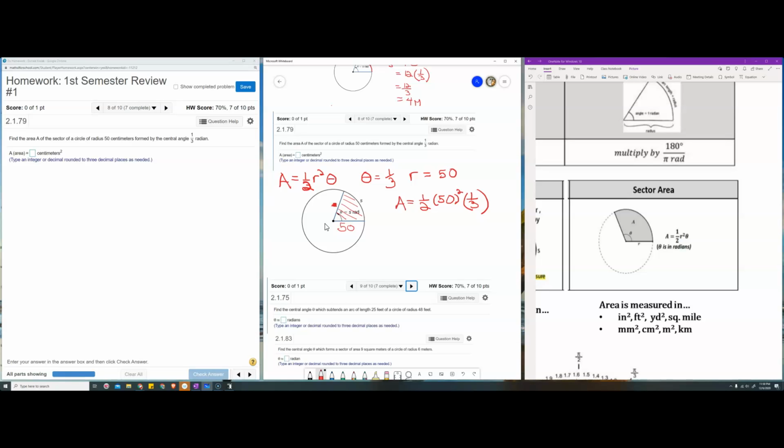Now we simplify this. So I'm going to have 1/2 times 1/3, and then 50 squared is 2,500.